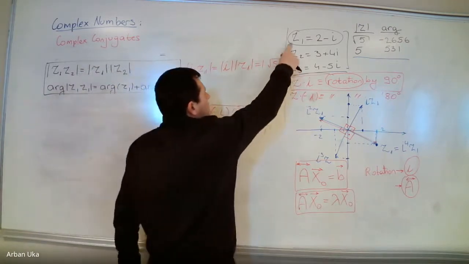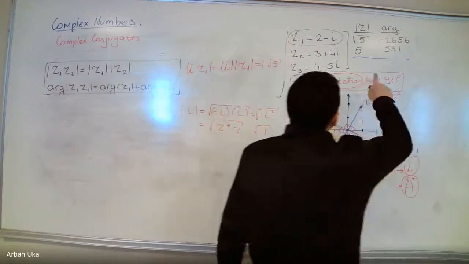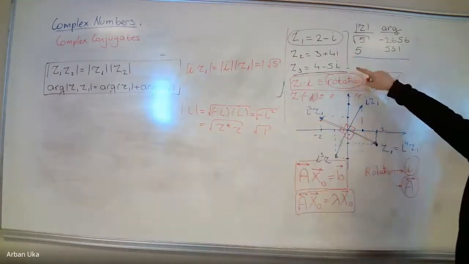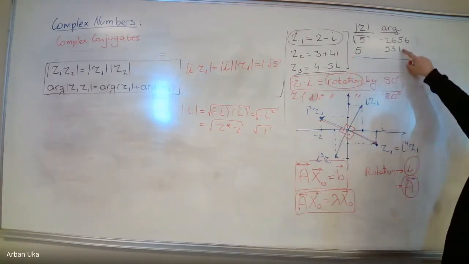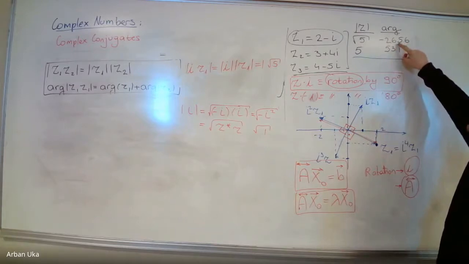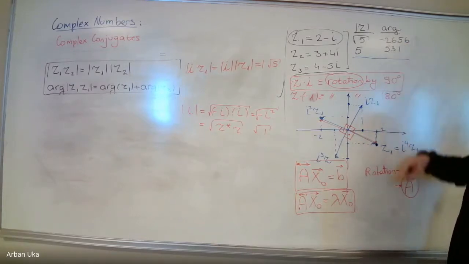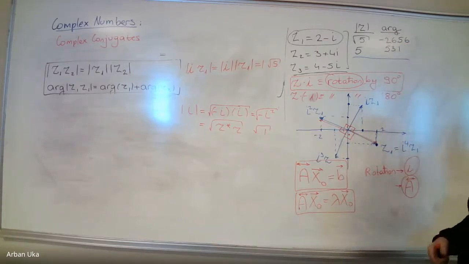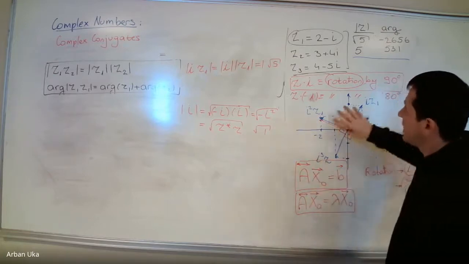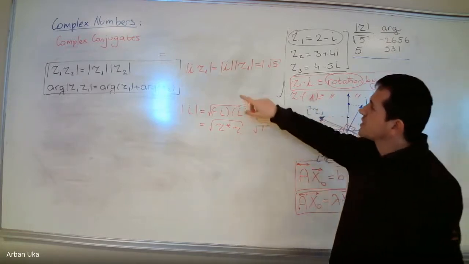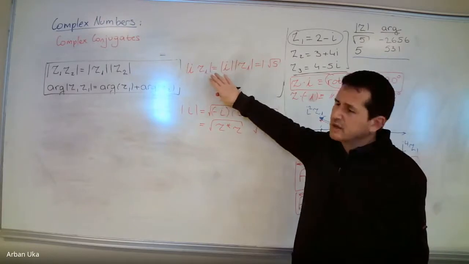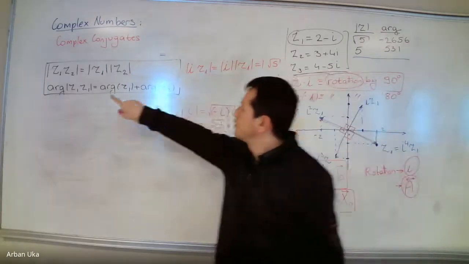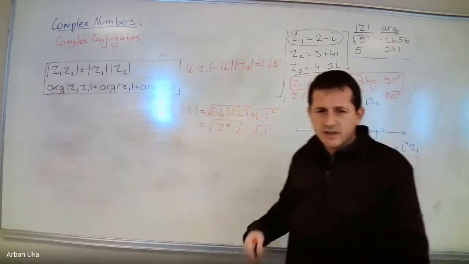We multiply Z1 with Z2, and what happened to Z1? This angle was modified from minus 26 plus 53, it became 26. So it looks like we are rotating the complex numbers in the Argand plane whenever we are multiplying two complex numbers. Is this obvious?